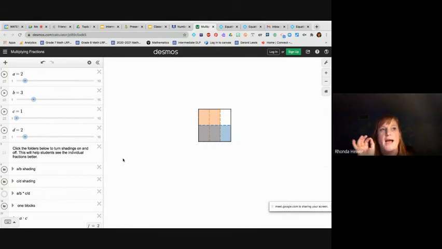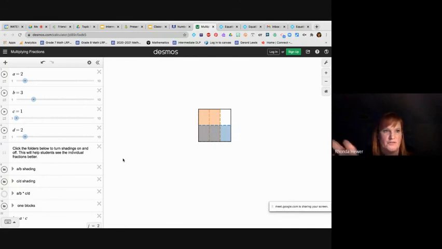Now, I don't think, you can push back on this, I don't think I would give this to students because it's defeating the purpose of them actually creating and having to do the thinking to create this. But you could use this as a demonstration tool to show students something. It looks a little bit complicated at first because it's not refined. Some teacher just made it.